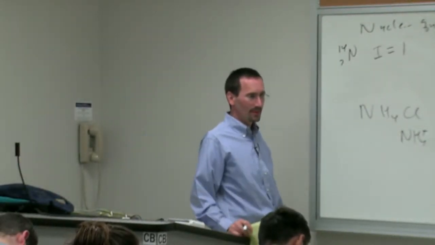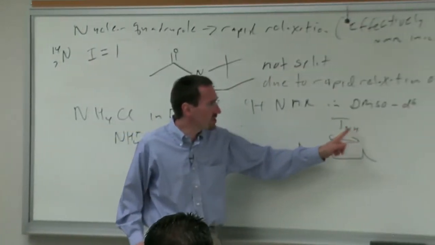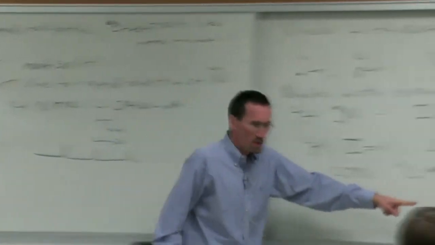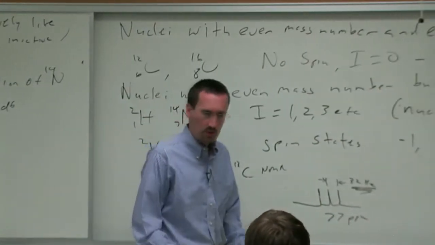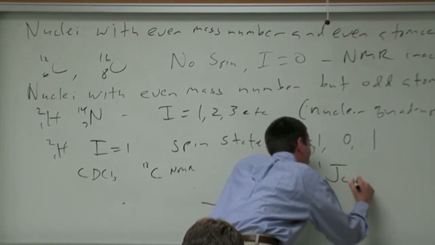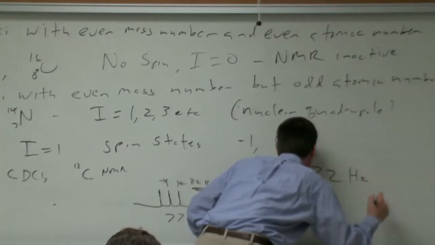J is the term that we use to refer to spin-spin coupling. It's not just proton NMR when we do that, right? Not just proton NMR. So we would describe this as J1 CD equals 32 hertz.